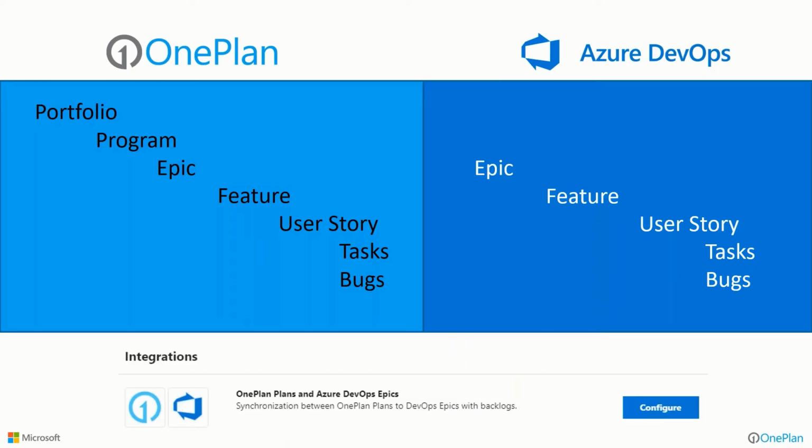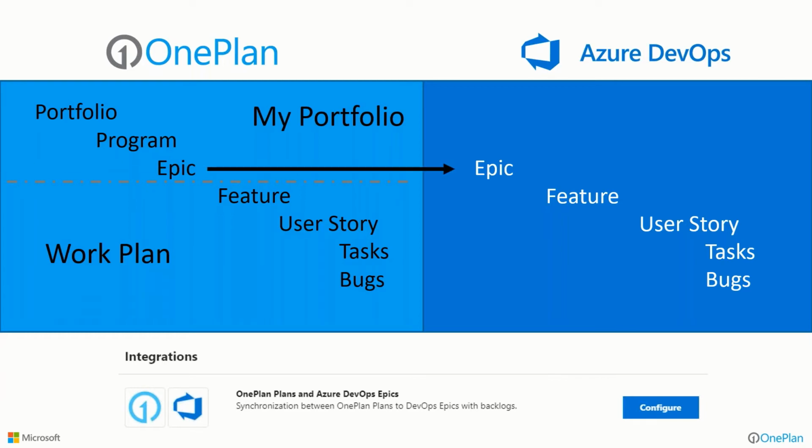So OnePlan is built to integrate with Azure DevOps with an out-of-the-box connector that allows us to define in OnePlan the portfolio management capabilities, which we see here: the portfolios, the programs, the epics, and align ourselves with the execution layer that Azure DevOps is managing on individual projects or teams.